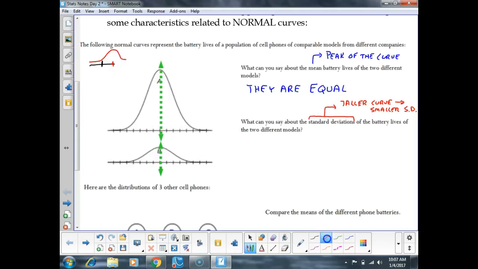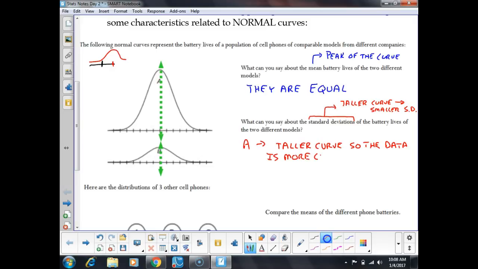So what can you say about the standard deviations of the 2 models? Well, A here has a taller curve. So the data is more compact, and the standard deviation is less.